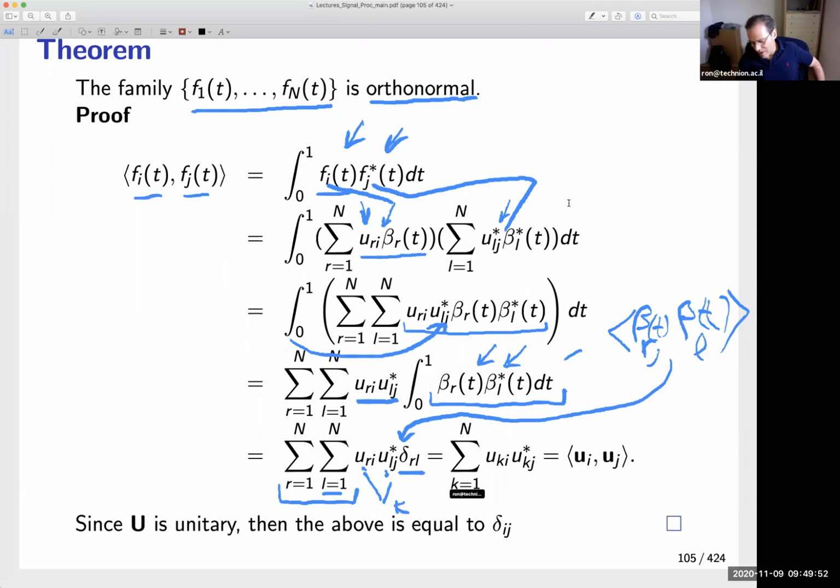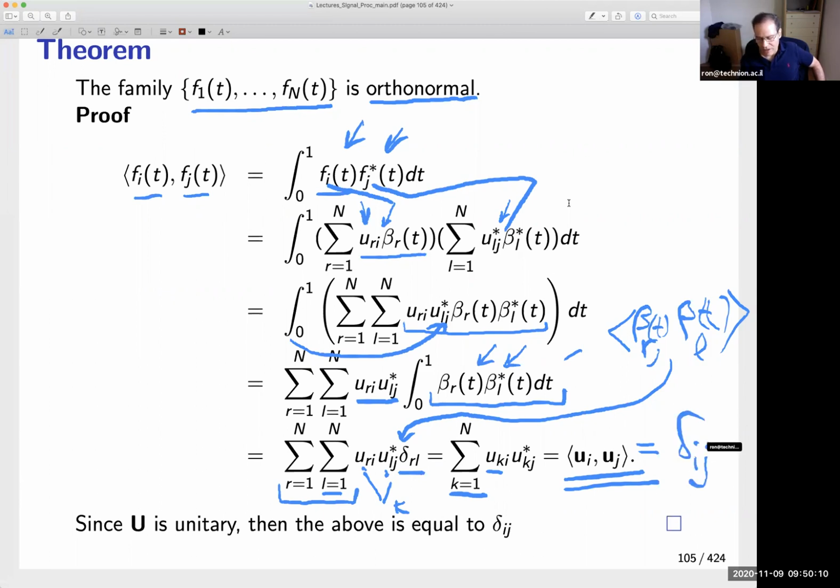And now what we can do is sum over the K that runs on UKI and UKJ. And at the end of the day, what we got by definition is the inner product between these two vectors. And we know that since we started from a unitary matrix, what we get is nothing but delta ij.